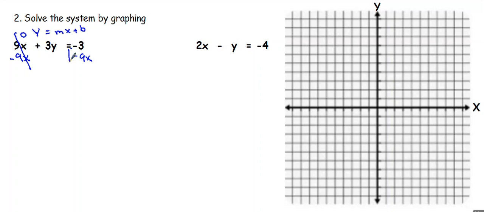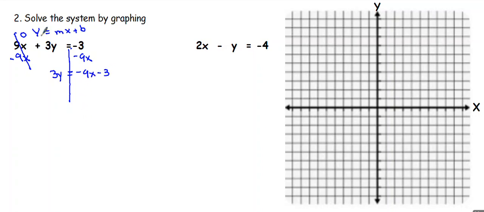This is going to be our boundary line. Okay. So on this side, now we're left with 3y. So we're going to put 3y right here. There's our equal sign. And on this side of the boundary, we've got minus 9x minus 3.